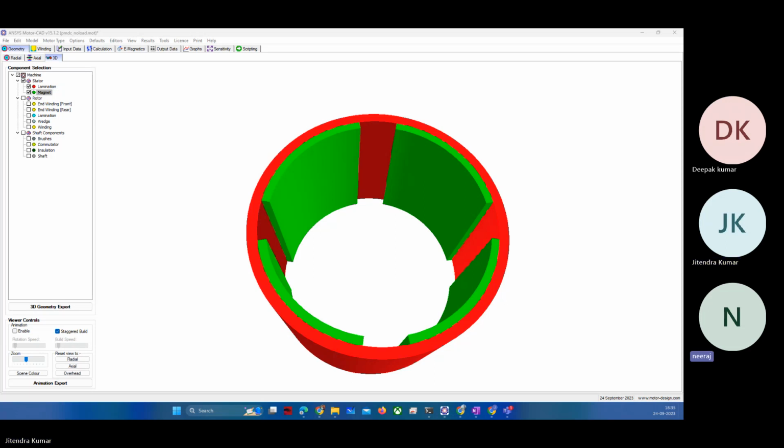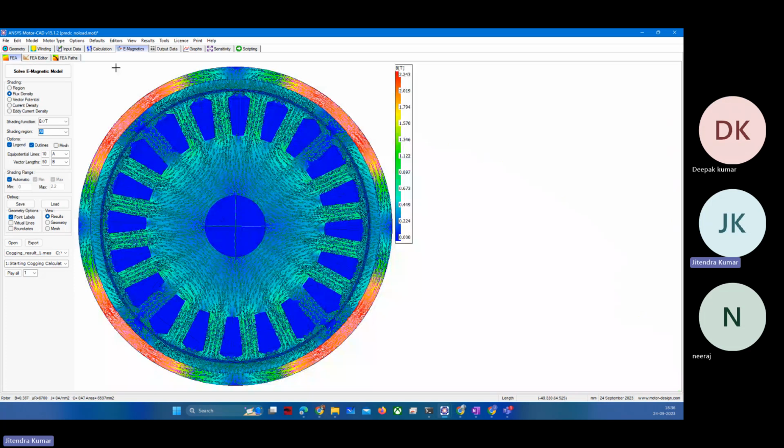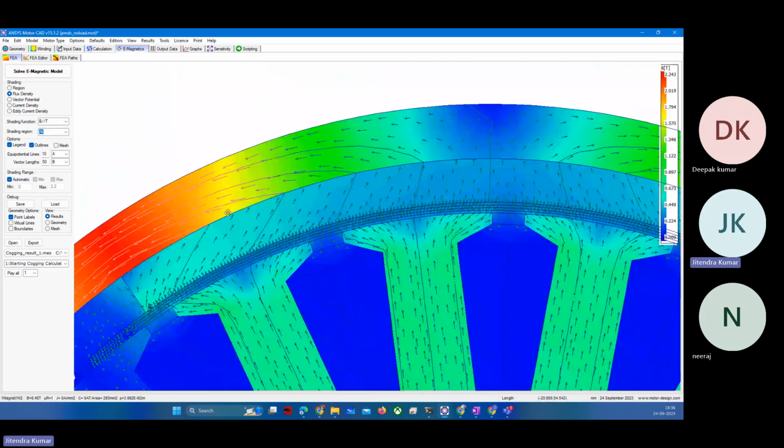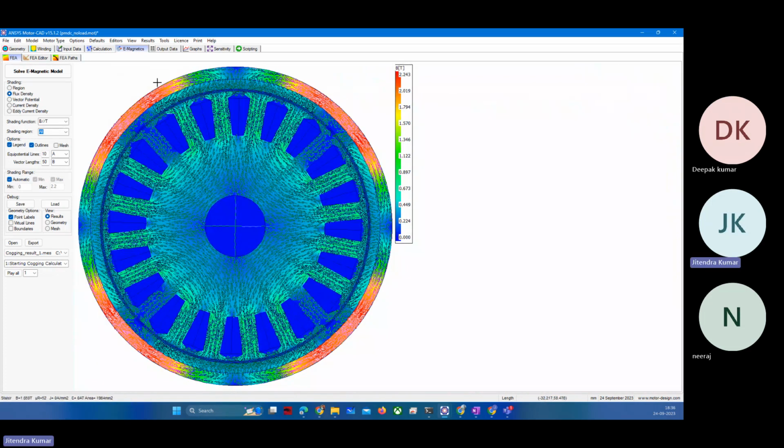Okay, sir. Sir, please show the diagram where the flux paths were visible. Yeah, I am coming to the flux path. So these are the flux paths, right? Let me just blow it up for you. So this is the north pole.